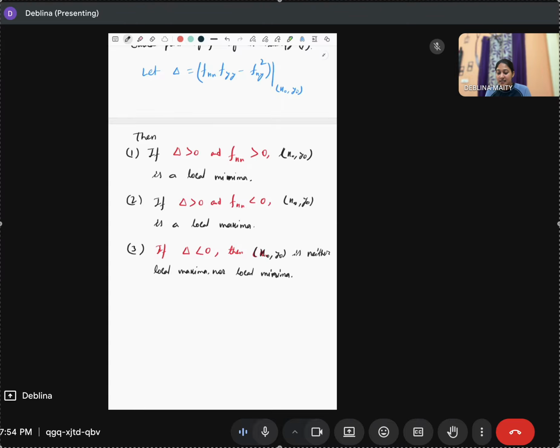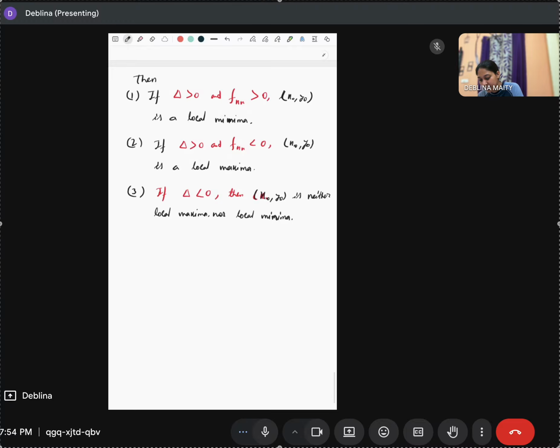If delta is less than 0, it is not an extremum point.